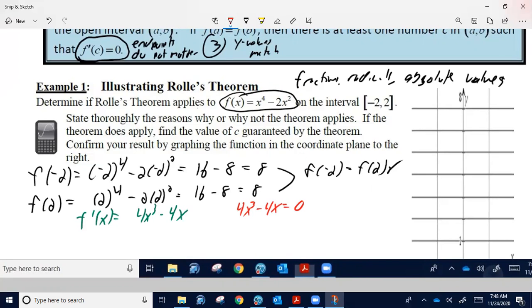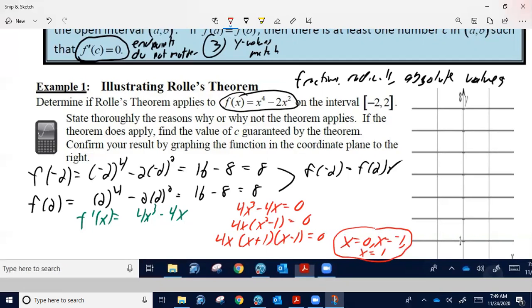We can solve this by factoring 4x out to the front, giving us x squared minus 1 equal to 0. x squared minus 1 factors into x plus 1 and x minus 1 equal to 0. And as I see these, we have solutions at x equal to 0, x equals -1, x equals +1. There's actually 3 spots in this interval where our derivative equals 0, where we have horizontal tangents.